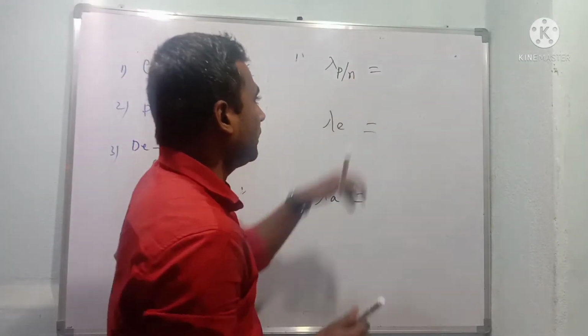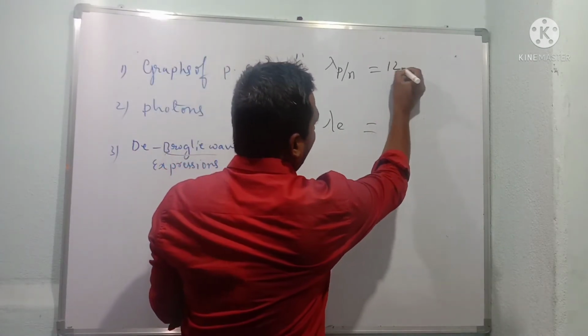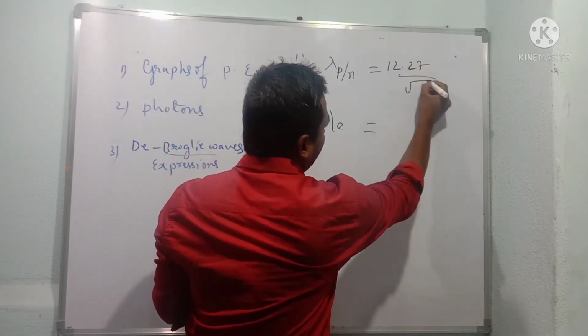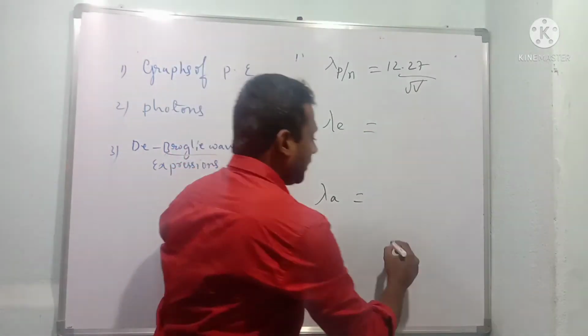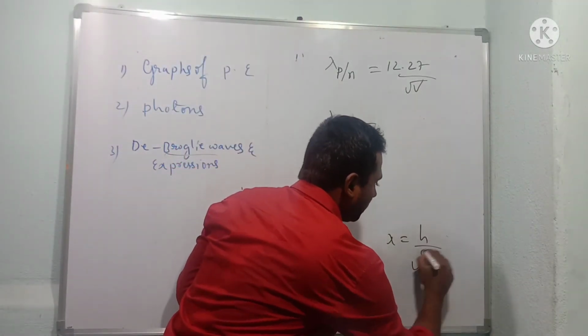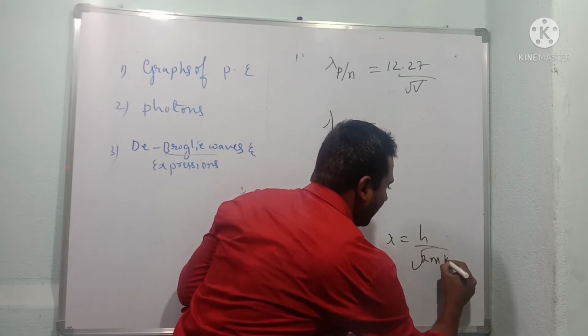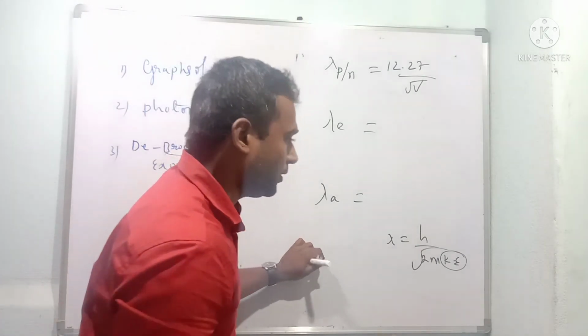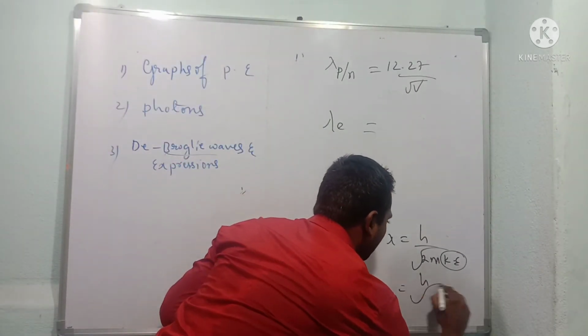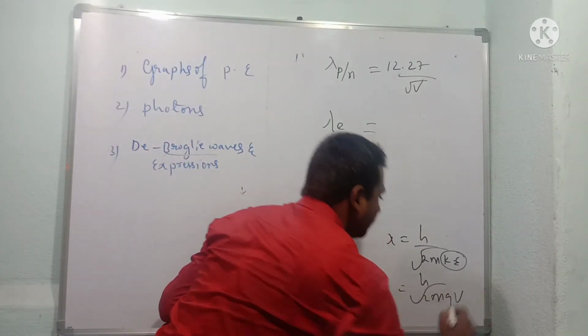For electrons it is given by 12.27 divided by √V. We got the expression lambda is equal to h divided by √(2m KE). This energy is nothing but the product of charge and voltage, which becomes h divided by √(2mqV).